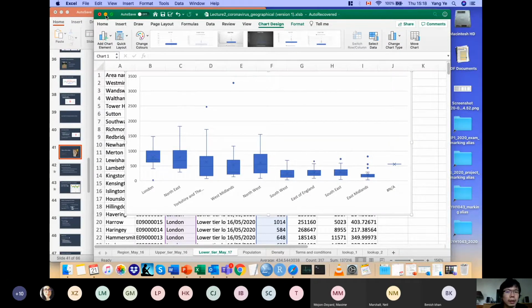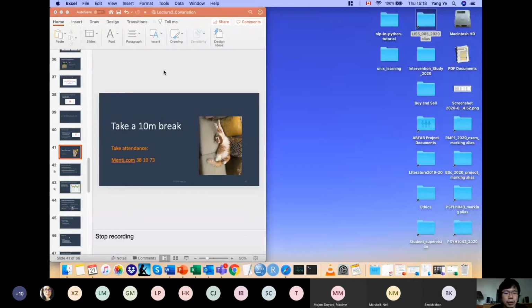So this is the idea of exploratory data analysis, which is to eyeball and visualize the data before you conduct any statistical analysis or testing.